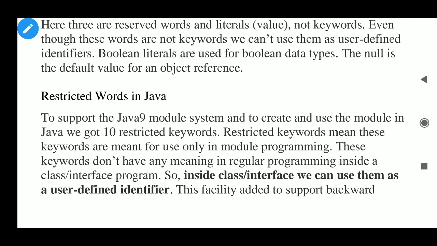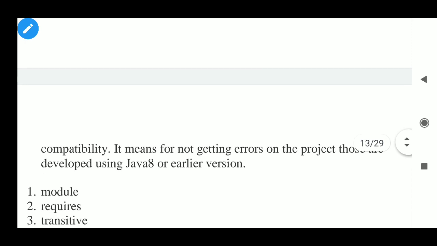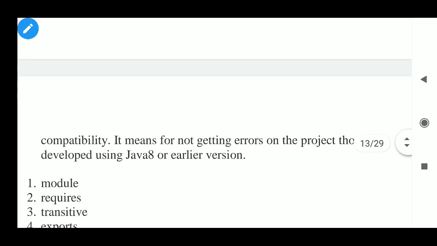So inside a class or interface, we can use them as user-defined identifiers. This facility was added to support backward compatibility, so as not to get errors on projects that were developed using Java 8 or earlier versions.